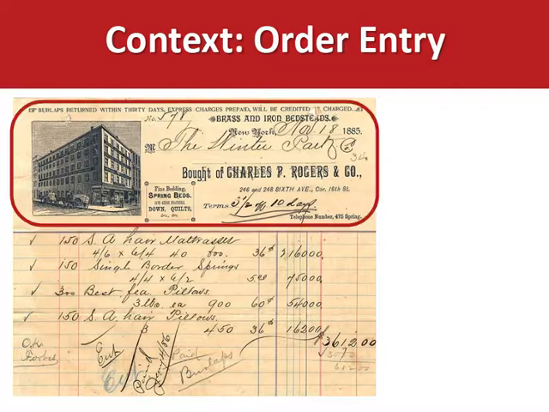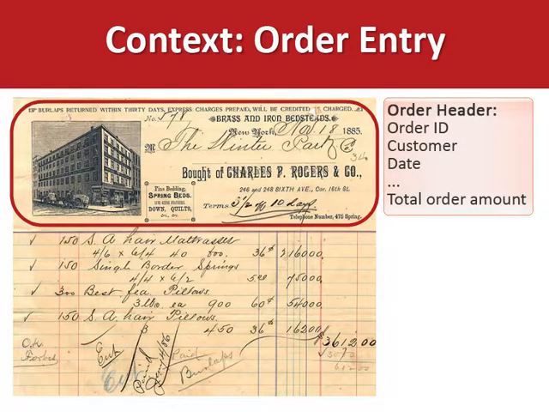Now, at the top of the order, we have what we might call the order header. These are attributes of the order, such as the order number, the order date, the customer, and so on. And in fact, you may also consider the total order amount as an attribute of the order as a whole.